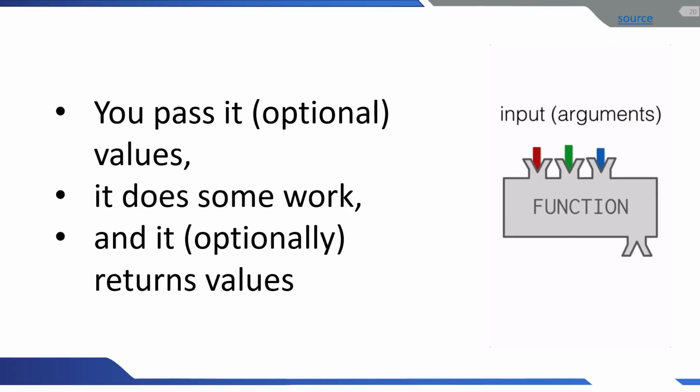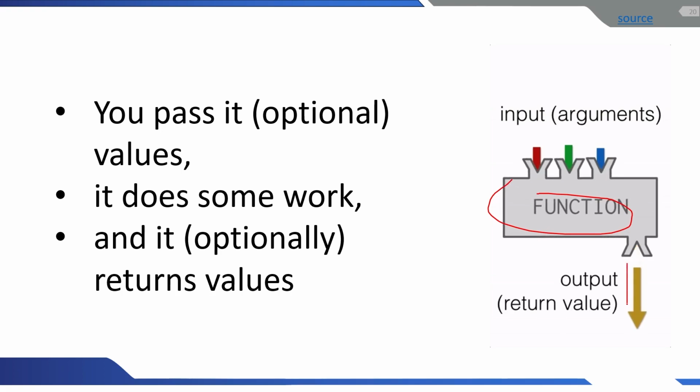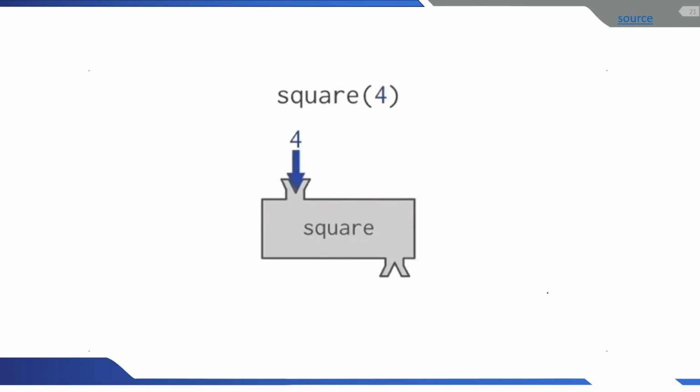Let's say we have a function. We pass a value, and then this function will accept this value, and behind the scenes the function will do some calculations or some magic, and after that the function will return some output value.